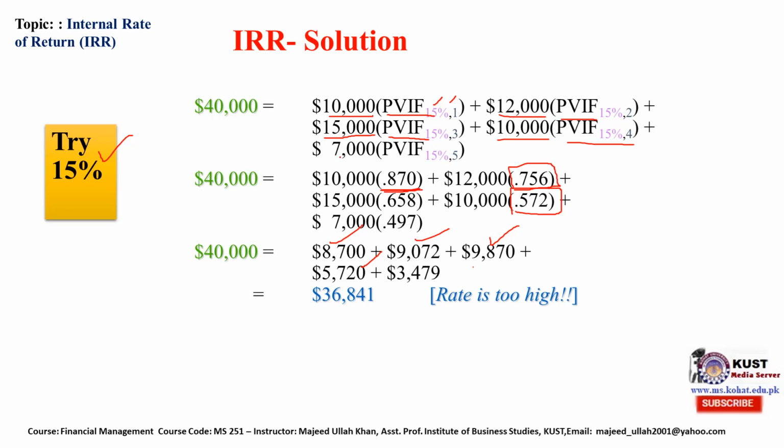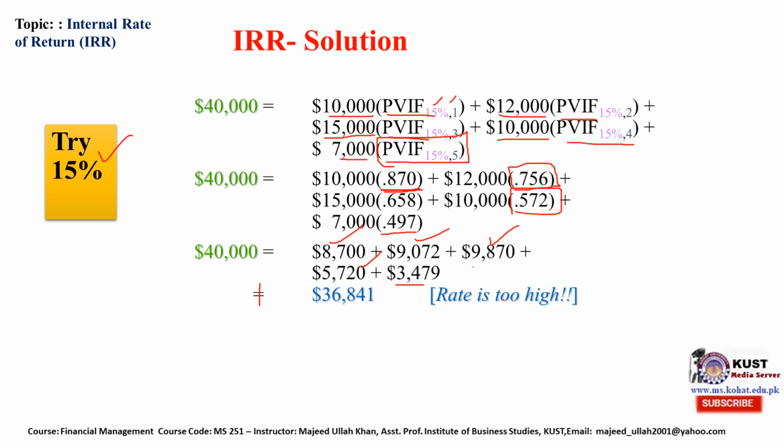Similarly, this is 7,000 cash flow for the 5th year. The present value interest factor 15% for 5 years gave us this discount factor, which multiplied with the 7,000 results in $3,479. Now when we add all these present values, it gives us the cumulative figure, which is 36,841, which is not equal to 40,000.